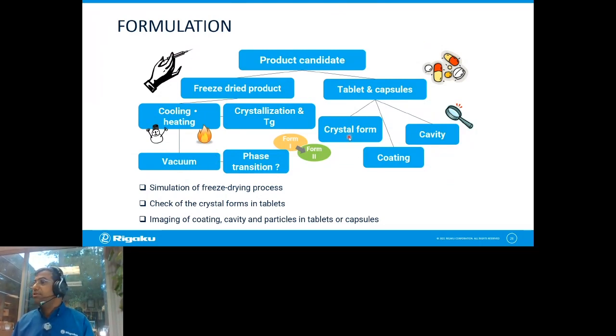You can go to a crystalline form, and again, this is true for cavity and coating. So basically, in the product candidate, you are going by either the freeze-dried method, or in the process of tableting or making capsules, you could again have a situation where a polymorphic form appears or disappears, or the desired API form can change, and this needs to be checked.